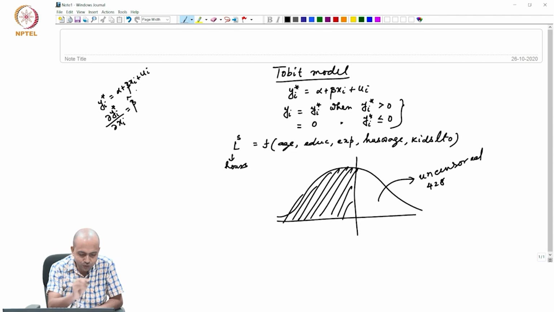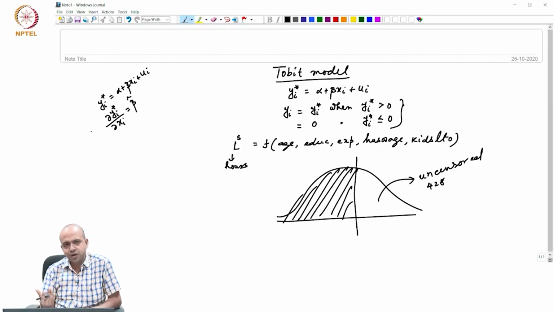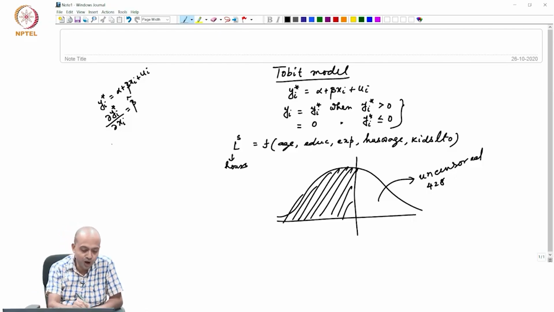So, if you estimate the coefficient, that is basically showing, for a unit change in xi, the change in that latent variable. But the latent variable, as we said, is not observable; rather what we want is yi. This is our prime variable of interest. So, first let us see what is the expectation of yi. Now, this expectation of yi is basically like this.